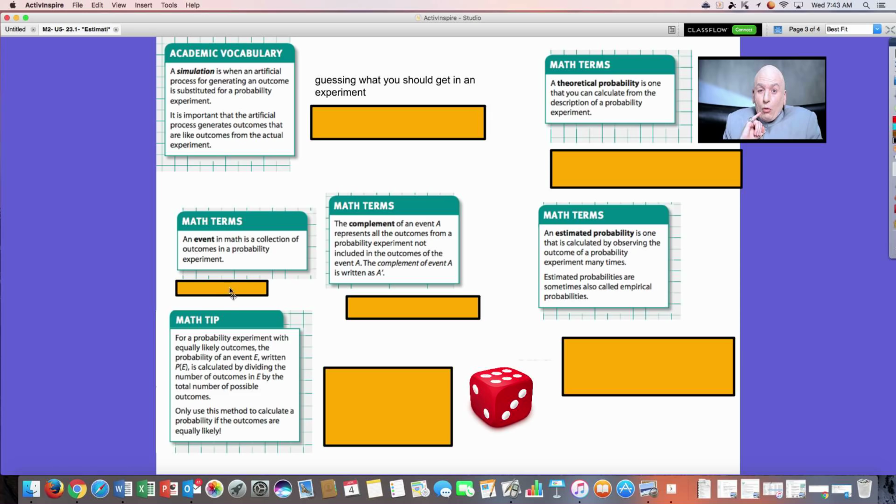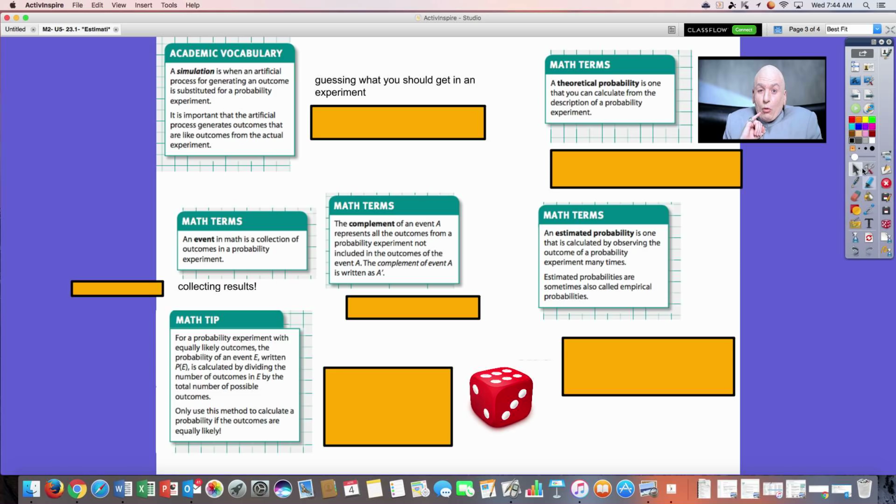An event in math is a collection of outcomes, and the probability is collecting the results. We're basically just doing the experiment. Like we guessed what we were going to get with our dice, but then I actually rolled the dice 12 times and we recorded that score. So let's say I'm talking about rolling a die. My probability of getting a 3 is 1 out of 6, right?